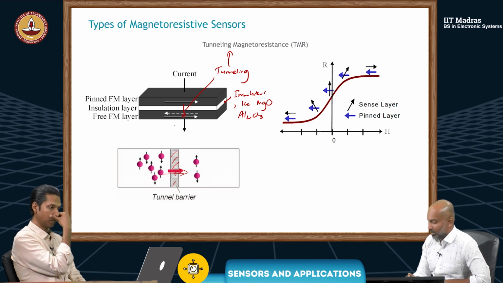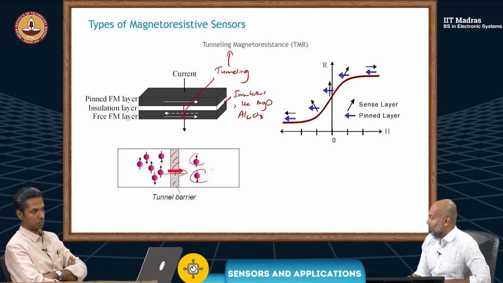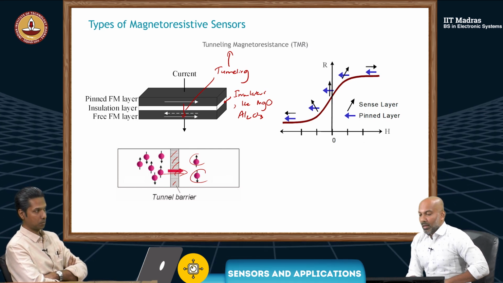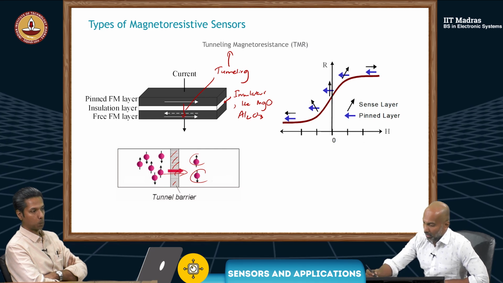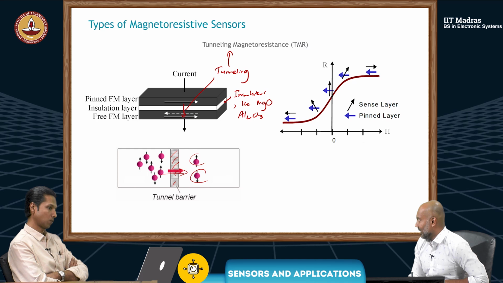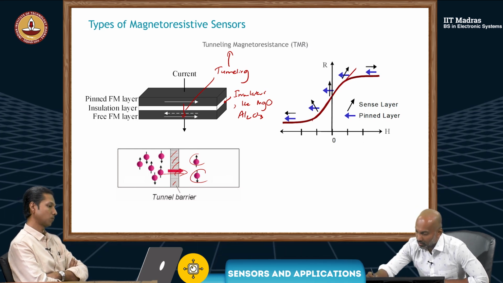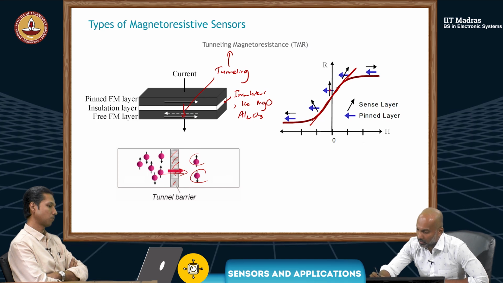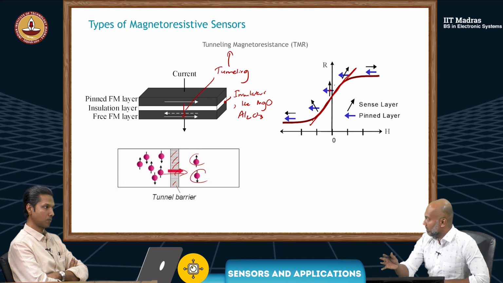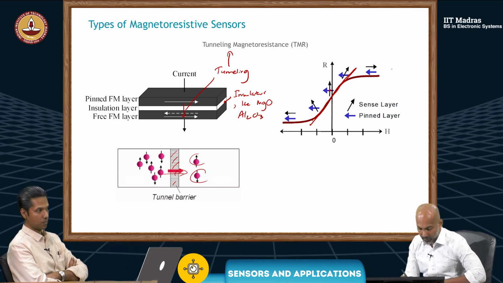In this case, you can see both upspin and downspin going through, and that means it's anti-parallel. Again, the graph looks very similar to the GMR. You have the linearity here. Again, you fix the free and pinned layers in a perpendicular direction, and you get this kind of graph.